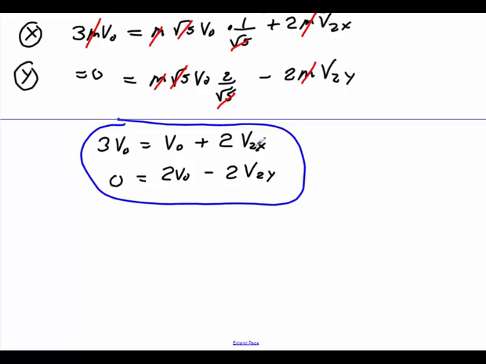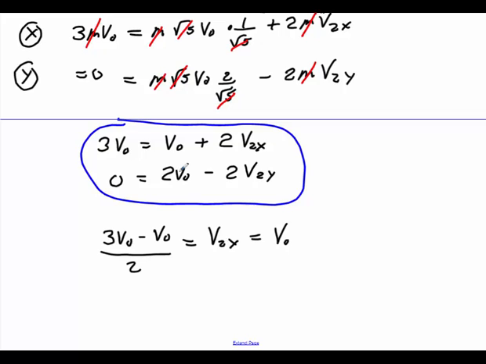All right, so there's our two equations. We'll take the first one, we'll solve for V2x. So we have 3VO minus VO, and then all we have to do is divide it by 2, which equals V2 in the x component. 3VO minus VO is 2VO, divided by 2 gives me VO. So we know V2x is equal to VO.